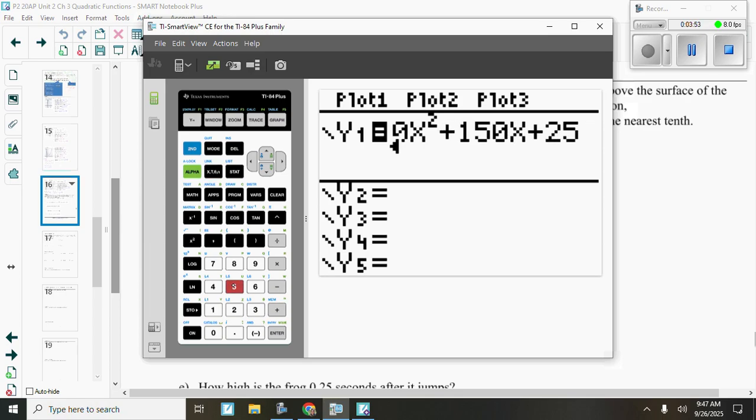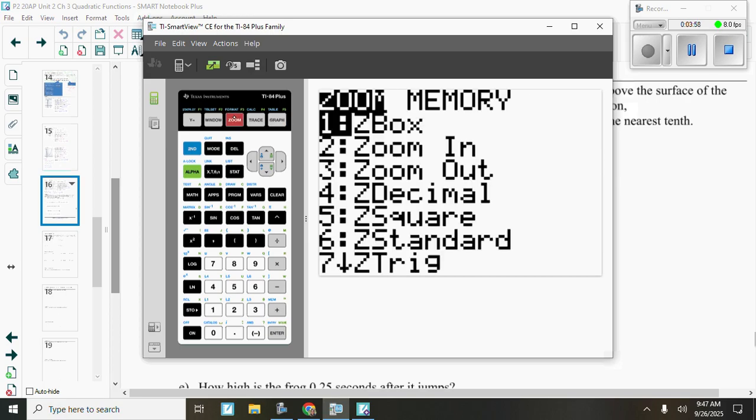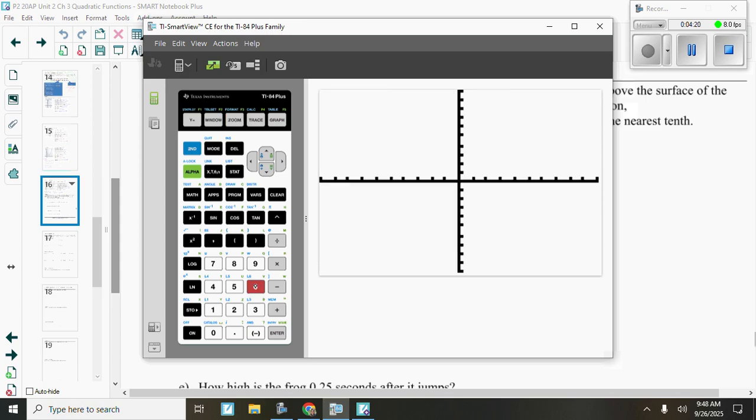My calculator still showed what we did yesterday, with the xy coordinate a little skewed. If you ever need a reset, Zoom 6, ZStandard, gives you negative 10 to positive 10 for both your X and Y scales. That's always a good place to reset and take a look.